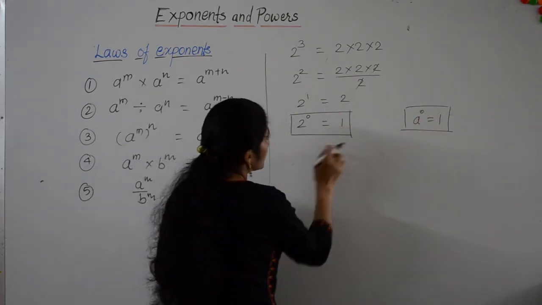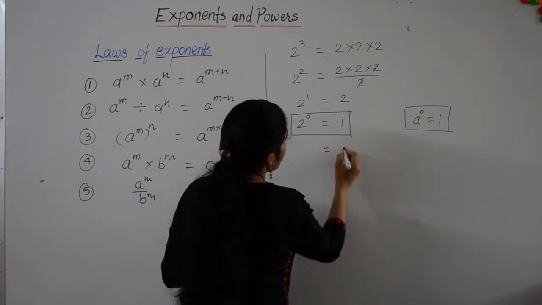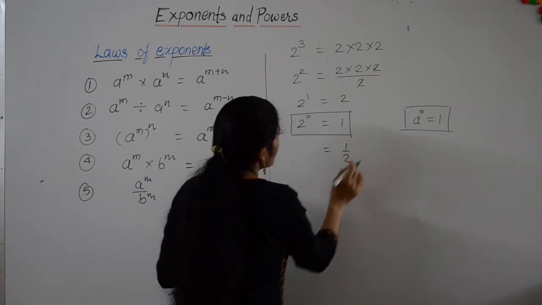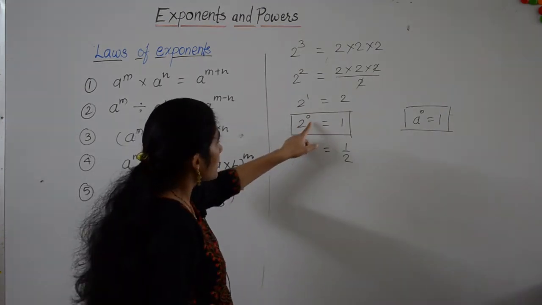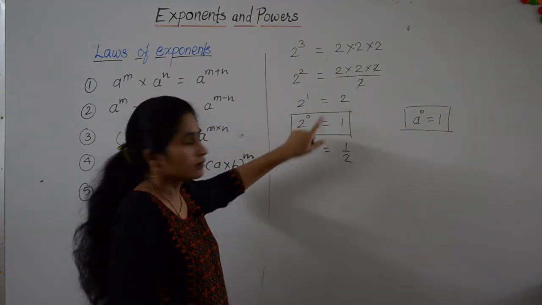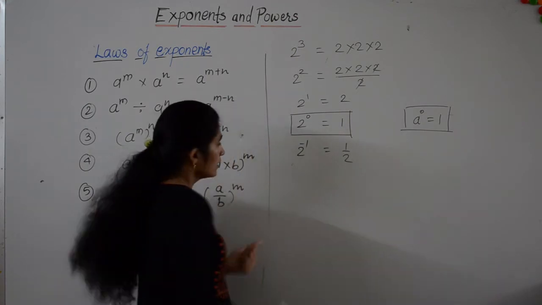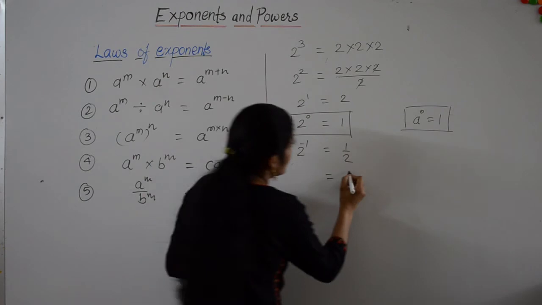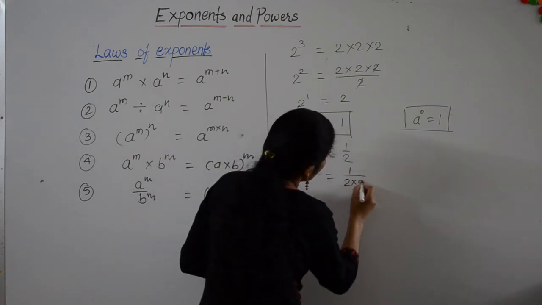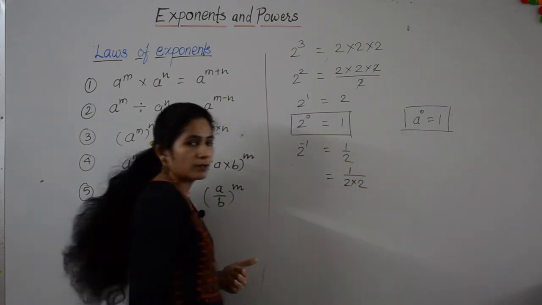We'll continue this pattern. Again divide this 1 by 2. What will we get? 1 by 2, and we have to reduce the power on the left side. So if we reduce the power by 1, what do we get? 2 raised to power minus 1. Again divide this 1 by 2 by 2. Dividing by 2 is similar to multiplying by 1 by 2.